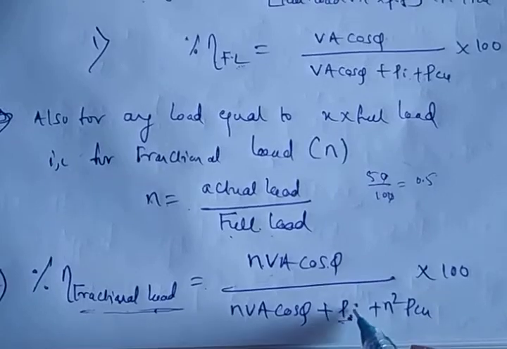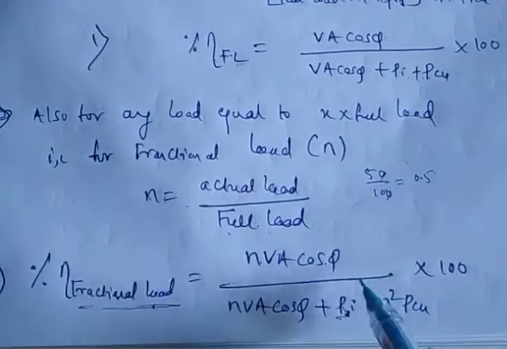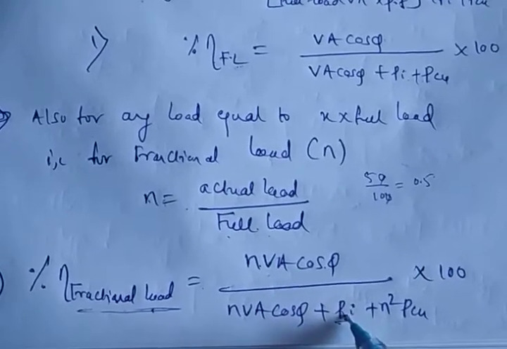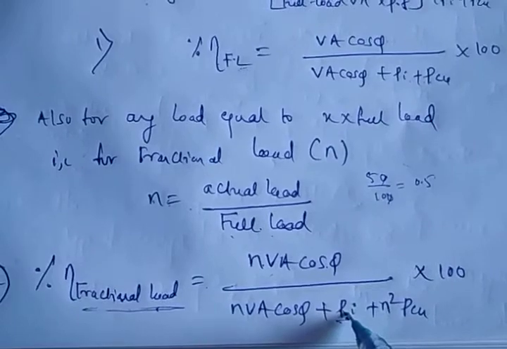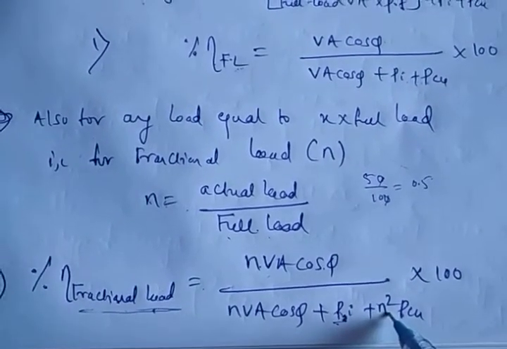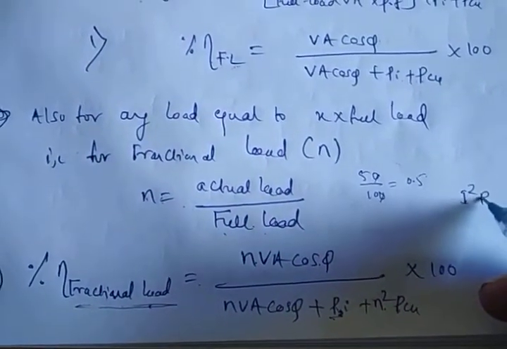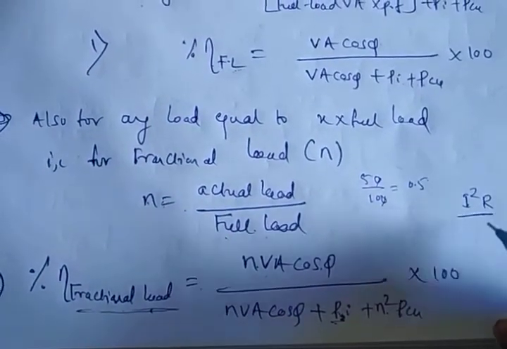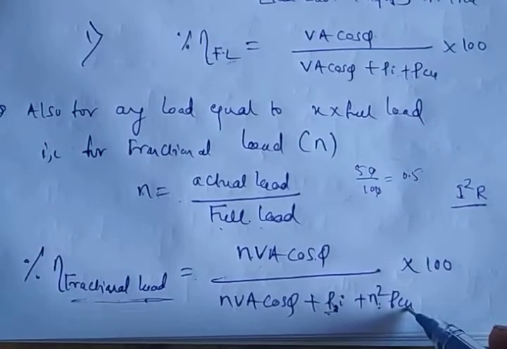That's why we are not multiplying N with Pi. The fractional load has no effect on the iron losses. But PCU is multiplied by N square because the copper loss is the I square R loss. So that's why we multiply N square into PCU.